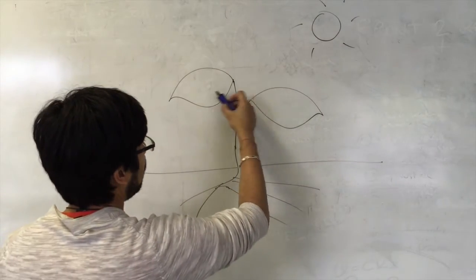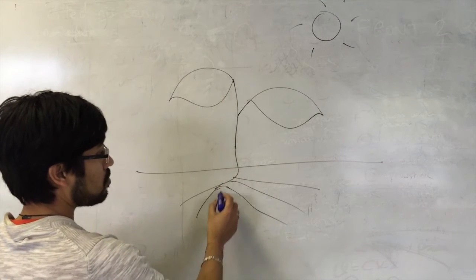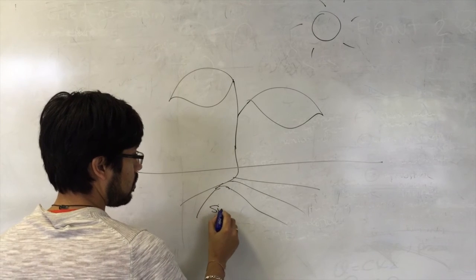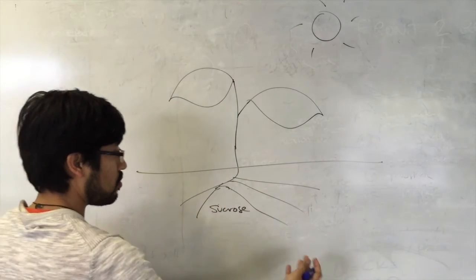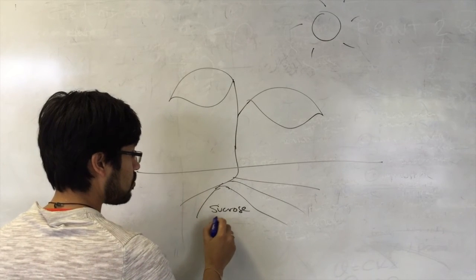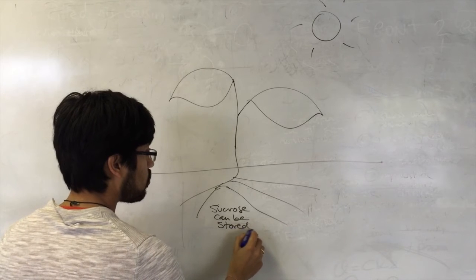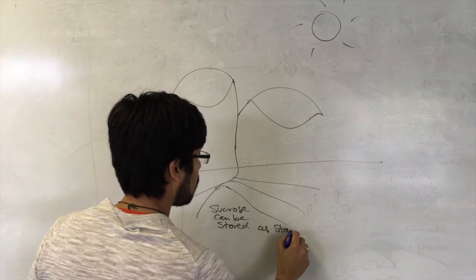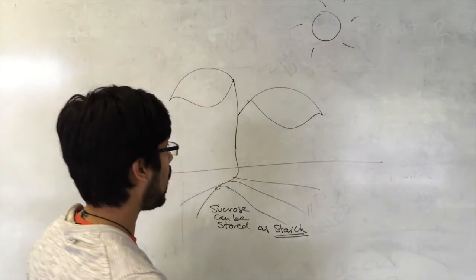But remember that these roots, when they get that sucrose, a lot of that would be stored. So sucrose, when it gets to sinks such as roots, can be stored, for example, as starch. Why would it do that?